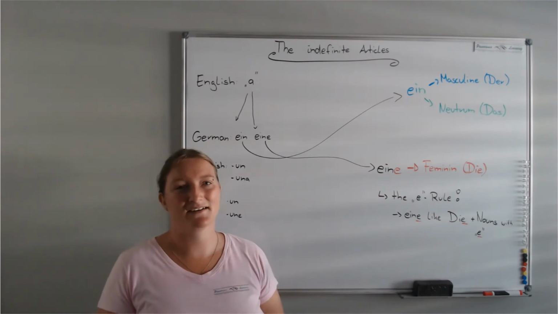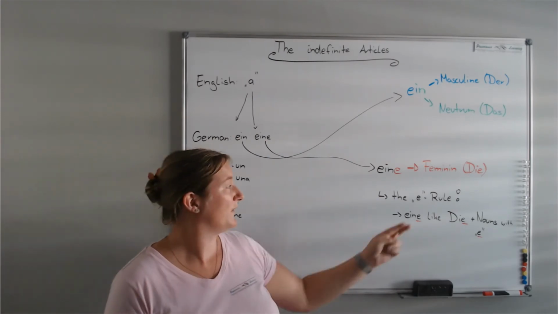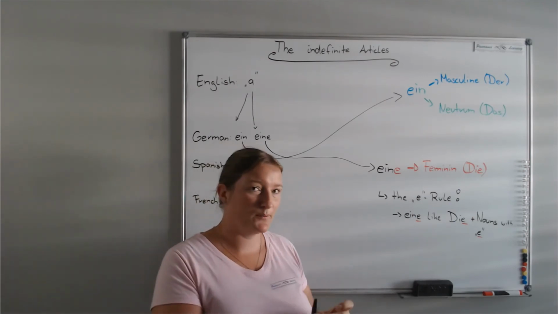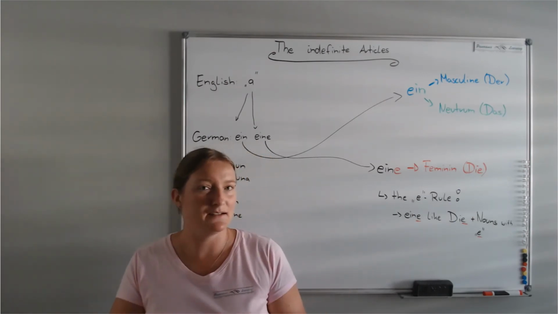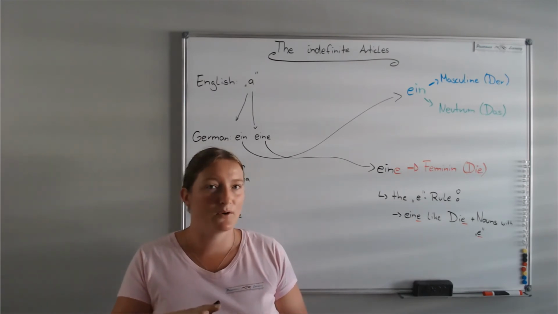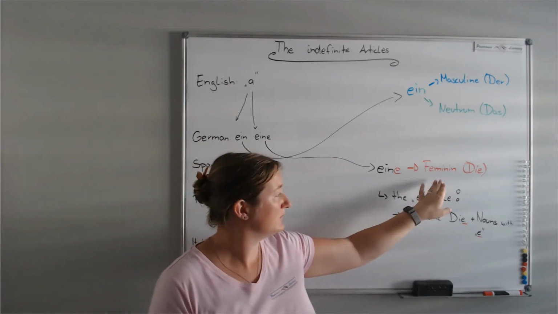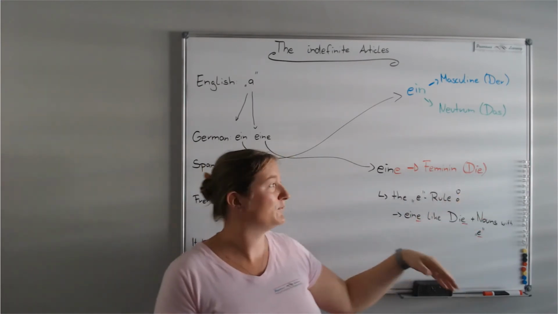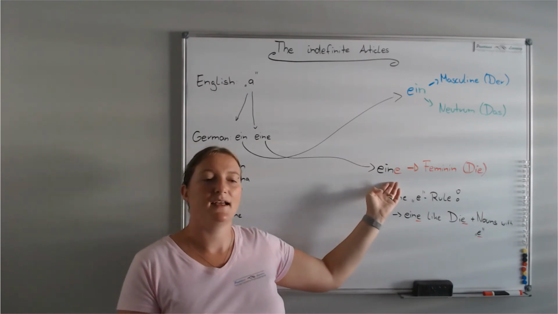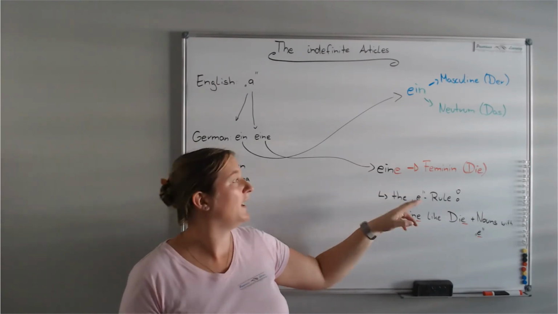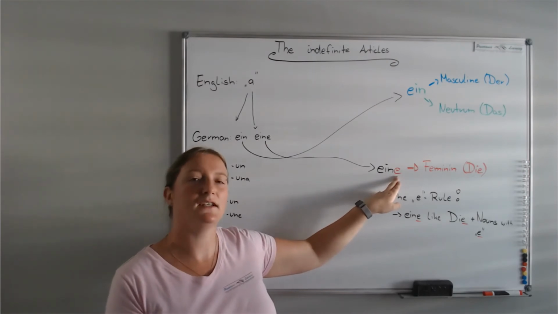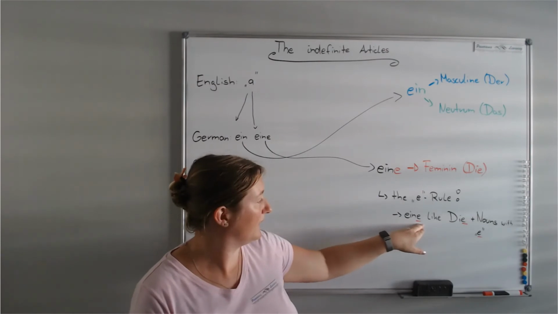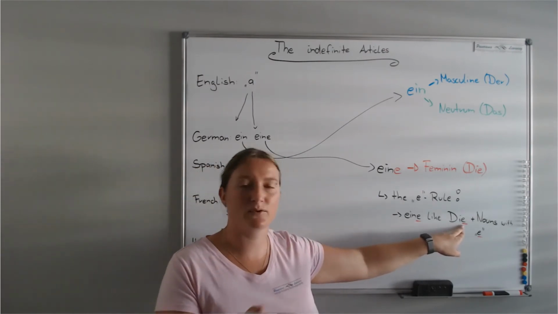Another idea how you can keep it in your mind is to think about the E rule. We already talked about it. The nouns that end with an E are almost all of them feminine, have die as definite article, and therefore eine as indefinite article. Eine has also an E on the end, like the noun you may have, and die has also an E on the end.